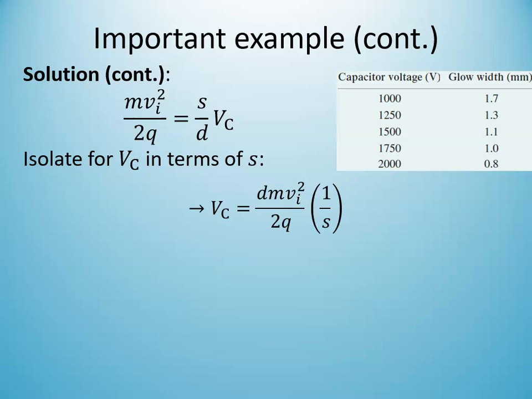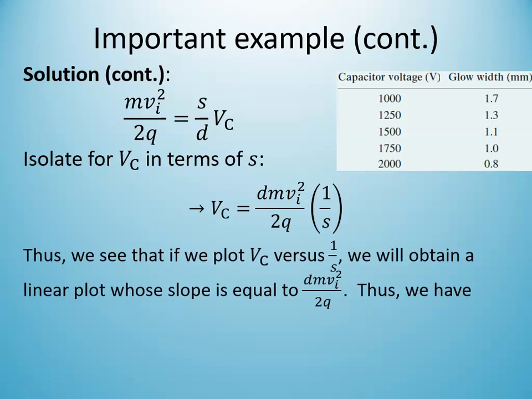So we're not going to graph V sub C versus S. We're going to graph V sub C versus 1 over S, and recognize that the slope of that graph is going to be equal to the plate separation d times the mass of the protons, m, times the initial velocity squared, divided by twice their charge. And from that, we're going to obtain an equation for the initial velocity that they have.